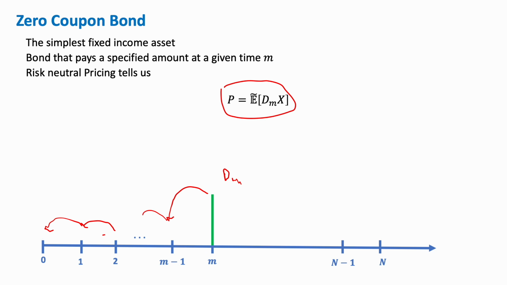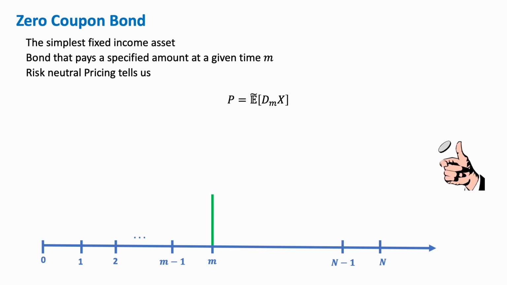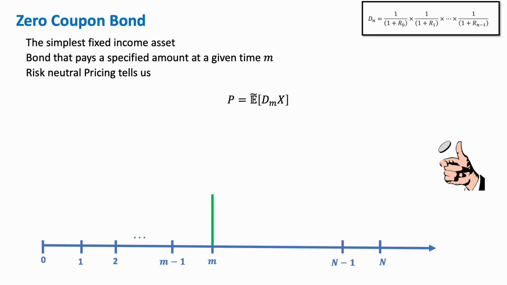And the reason we have this expectation is because this D_M is not known, because it is stochastic here, right? It depends on the coin tosses that we have. And just as a reminder, we can see above that D_M will be dependent on the first M minus 1 coin tosses. So we need to take the expectation here.